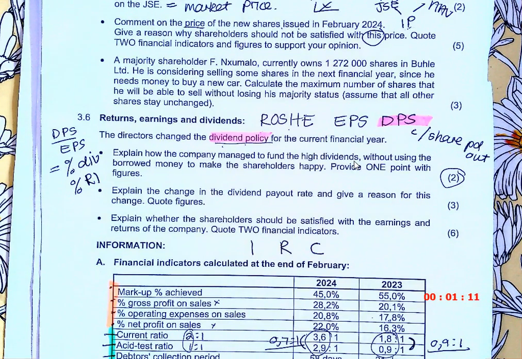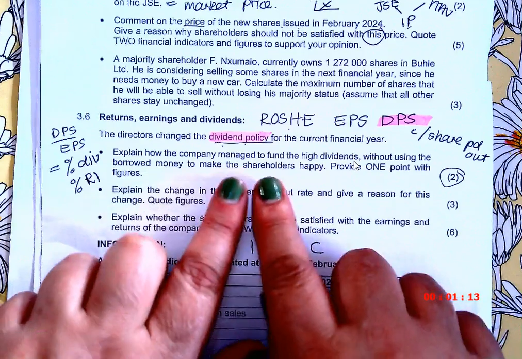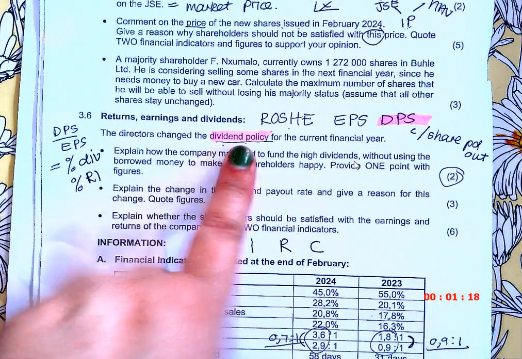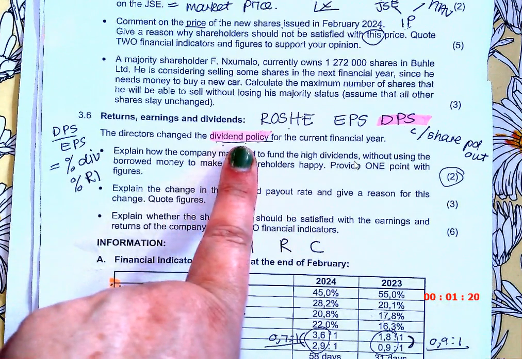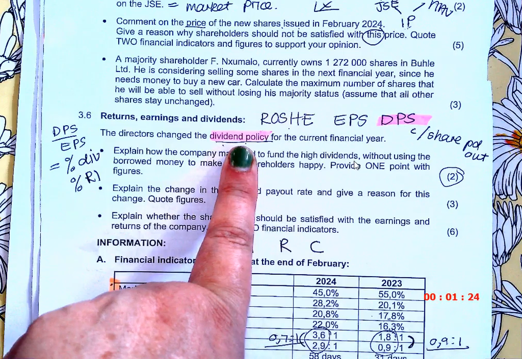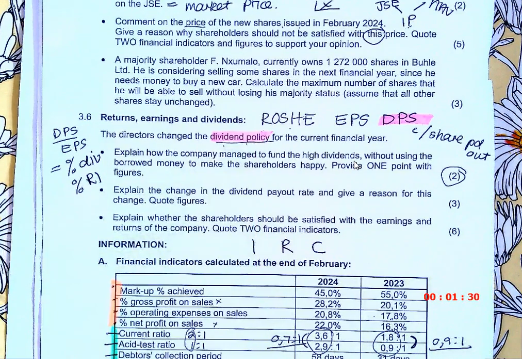The moment, however, like here, where they talk about the dividend policy, remember the other name is the dividend payout rate, and sometimes they just say dividend rate. That one is to see, okay, my earnings, my EPS is 70 cents.